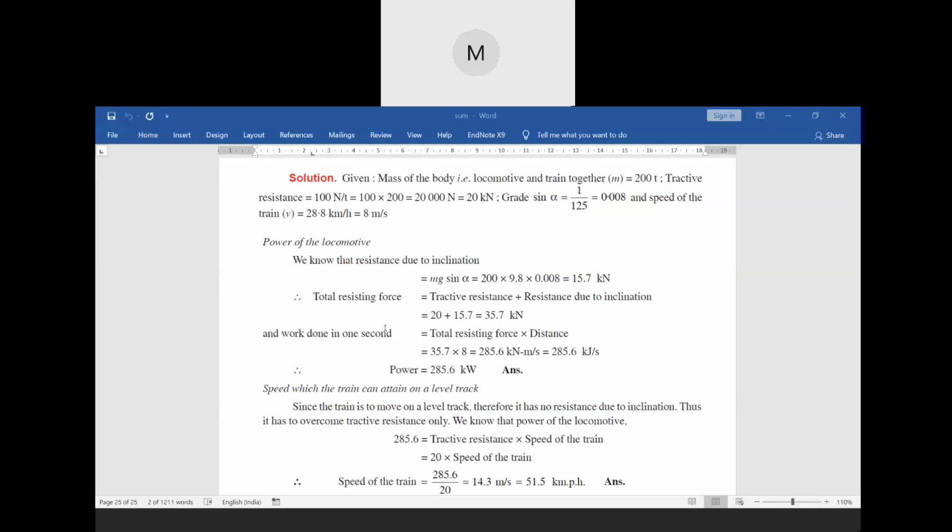Now we have to come to the next part. The resistance due to inclination is given by the expression mg sin alpha. So you'll have to find out the resistance due to inclination.